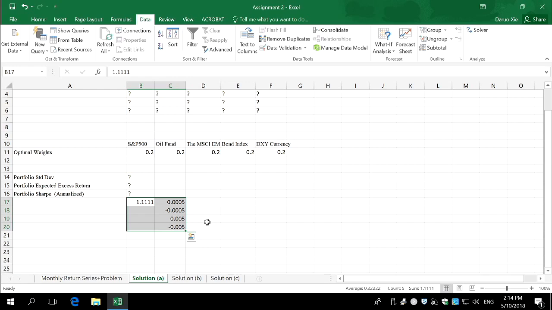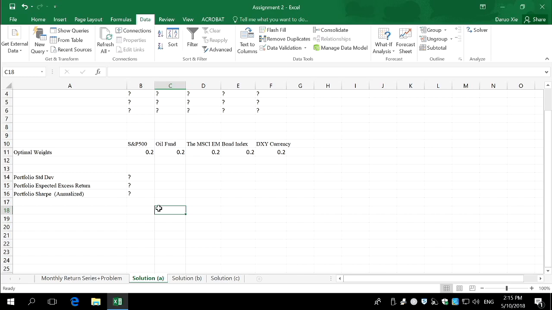Just use the portfolio standard deviation, because I think just the standard deviation of returns, not the standard deviation of excess returns. Okay. So for the risk-free return, we can just use the average?